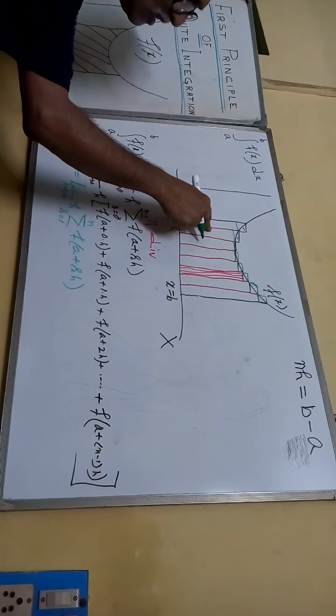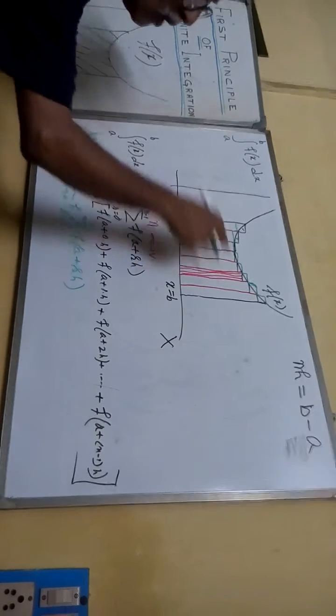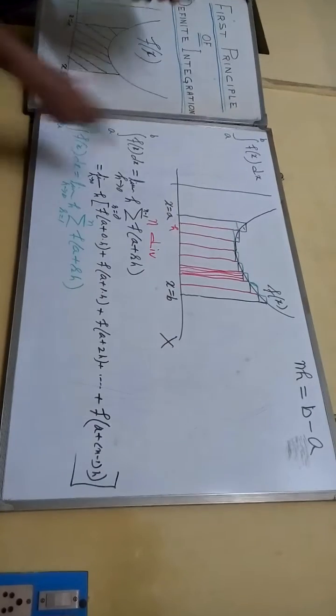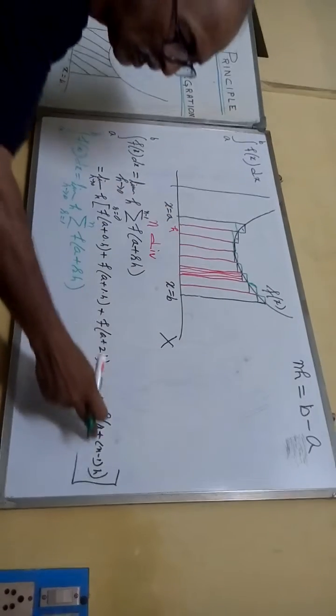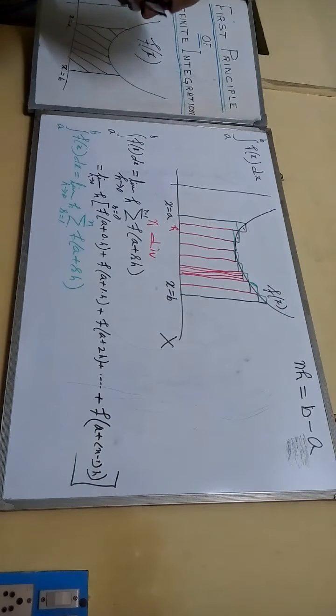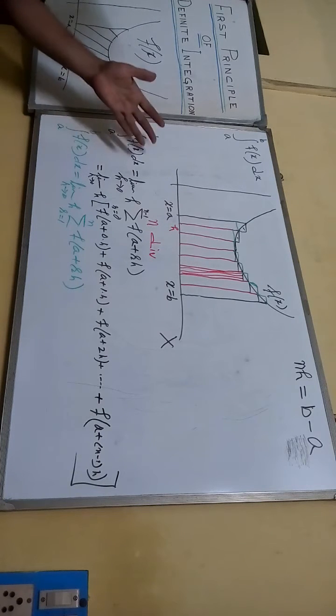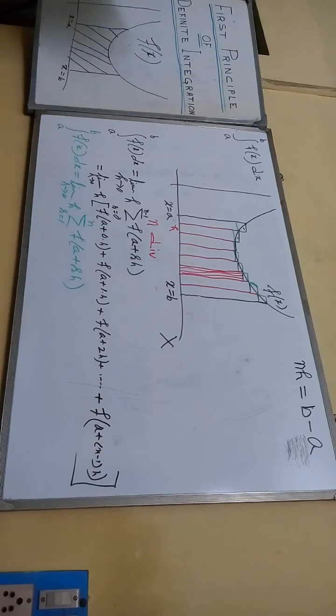Here we take from the first one to the last one, whereas before we took this one and the last but one. In this way, both of these will give us the integral from a to b of f(x) dx.